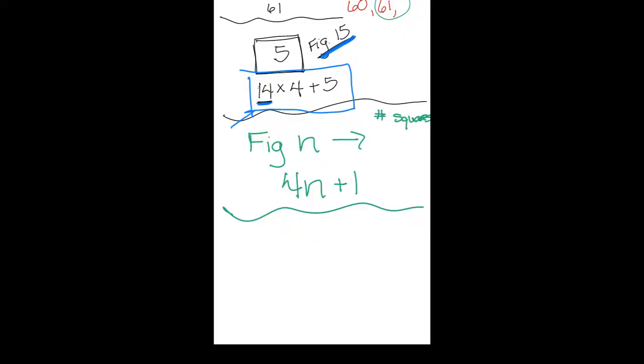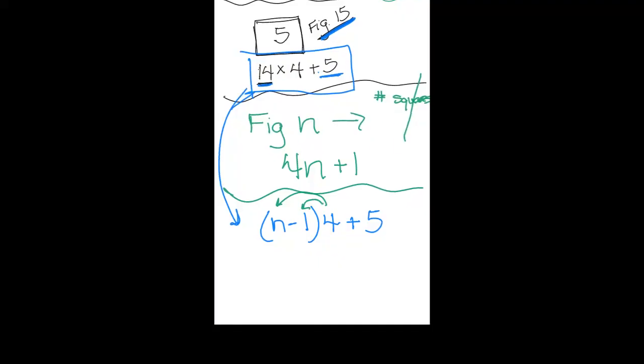So watch this. According to her, we would start with n minus 1, 1 less than the figure number, times 4 plus the 5 that she saw in the middle, right? Now, this 4 is on the outside of the parentheses, so I really need to distribute that. I know I'm kind of distributing it backwards.